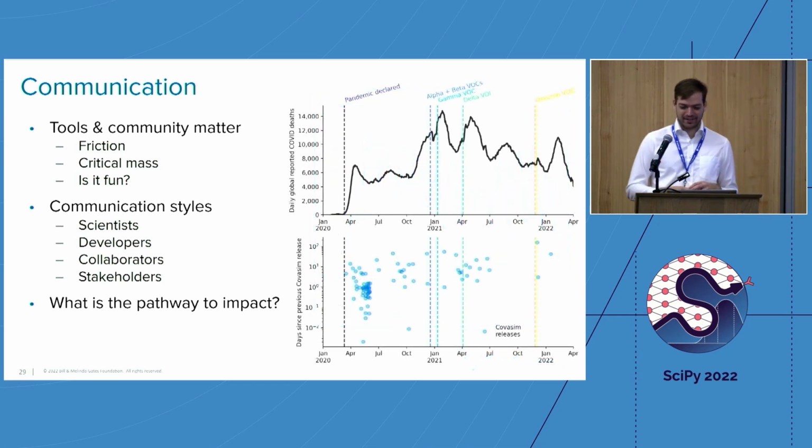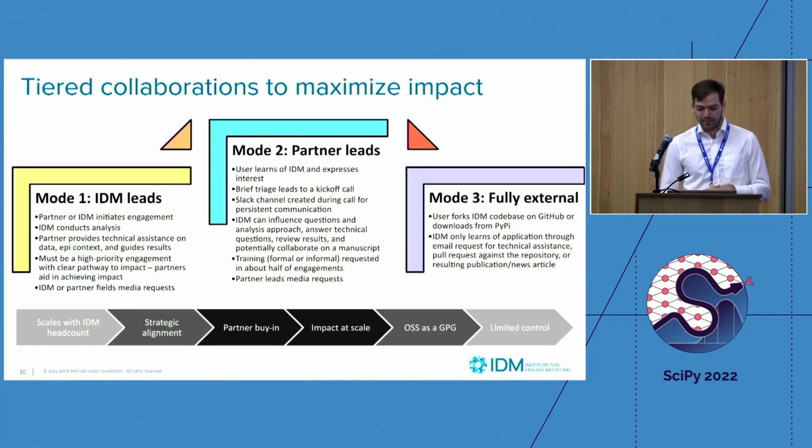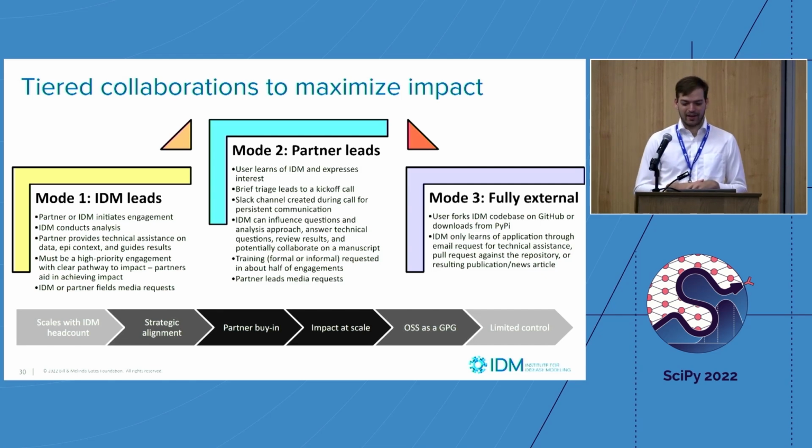And this is just an illustration of when the pandemic was declared. You can see that there was a big flurry of activity right after that, and then we kept updating it pretty quickly, and then generally it was fairly stable. We moved a lot of the work to our collaborators, and development is ongoing, but it's thankfully slower. And part of that is that we have these different ways of maximizing impact.